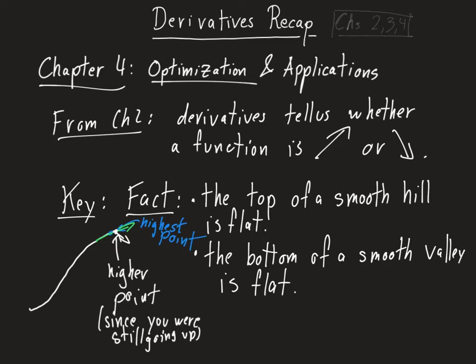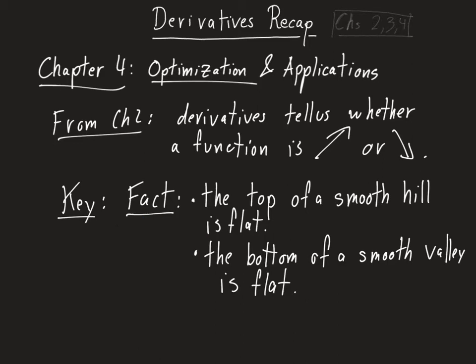All right, once again, I know that this is kind of silly, but this is the key idea behind optimization problems. What this means is the following, which I will write in red.